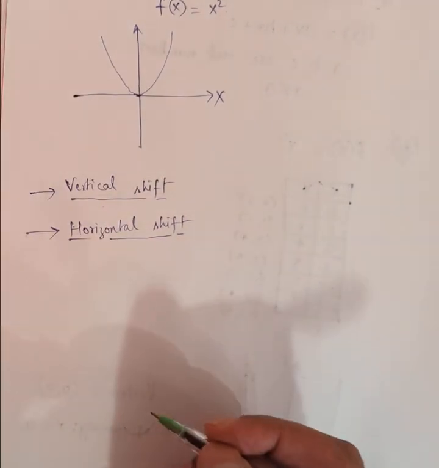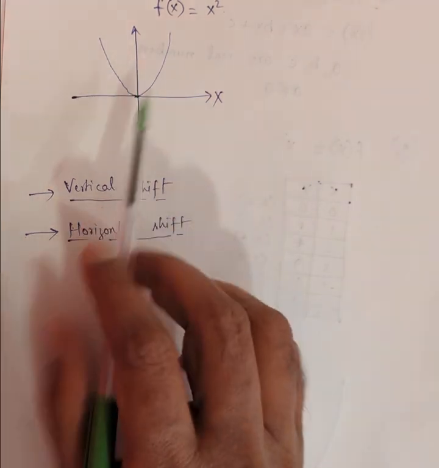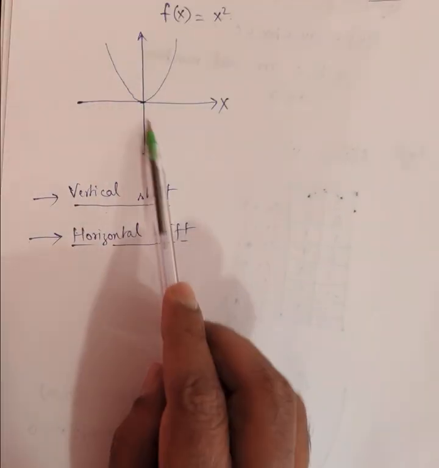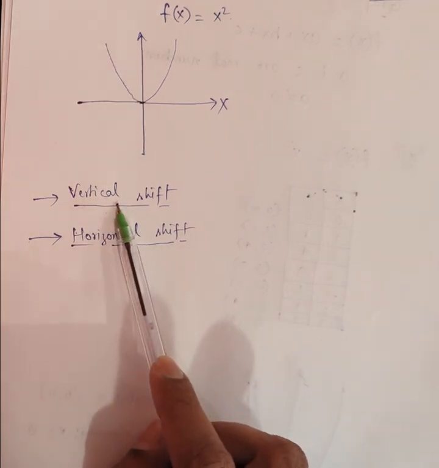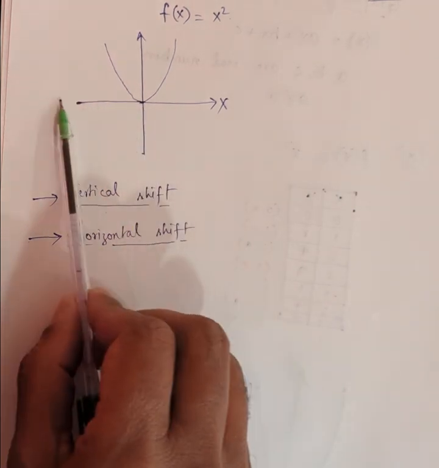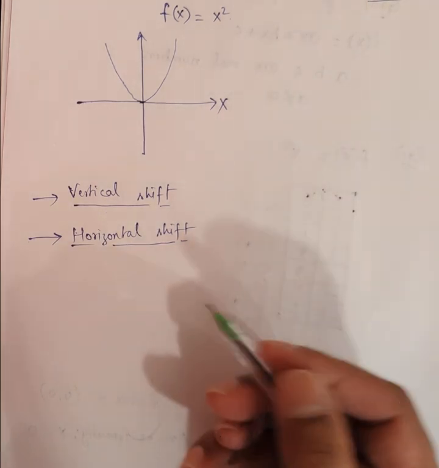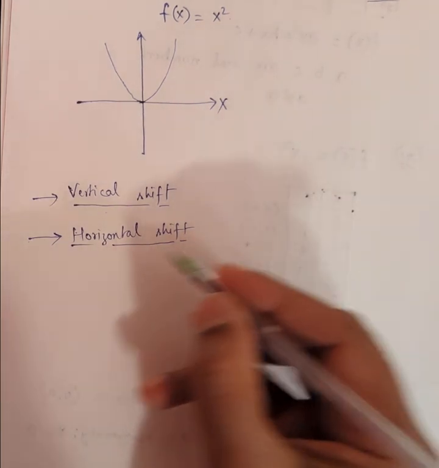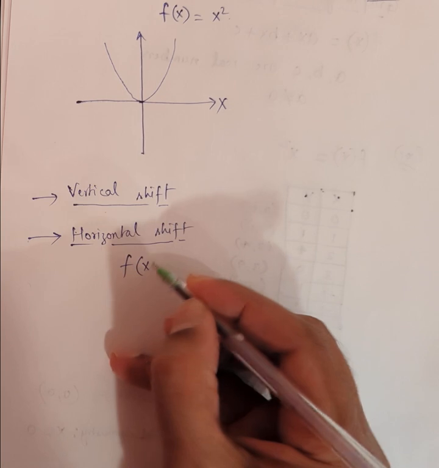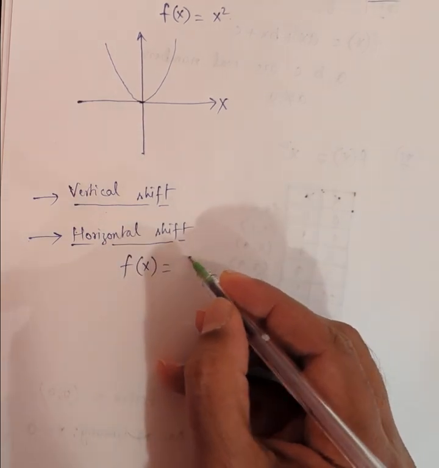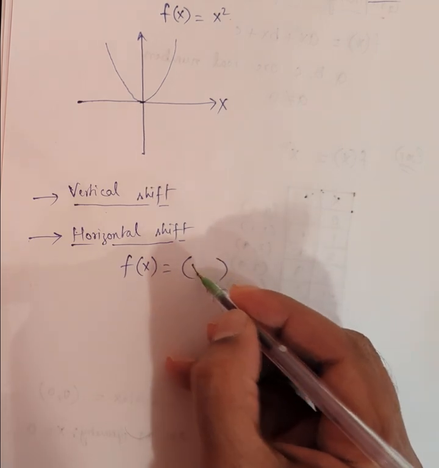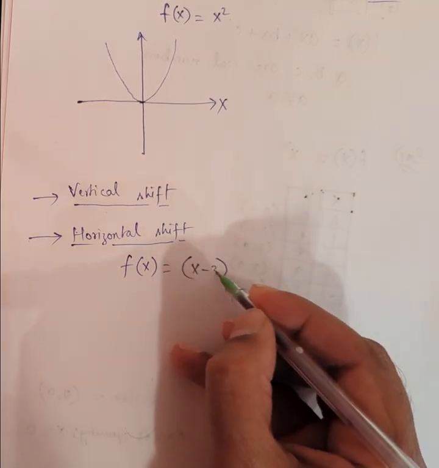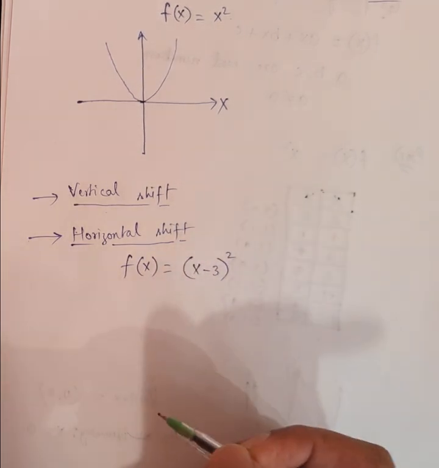So there are situations where the graph, instead of moving vertically up and down like in the previous shift, now will move left or right. So when does this happen? Well, it happens whenever you're adding or subtracting, not at the end, but inside the parentheses and then squaring.